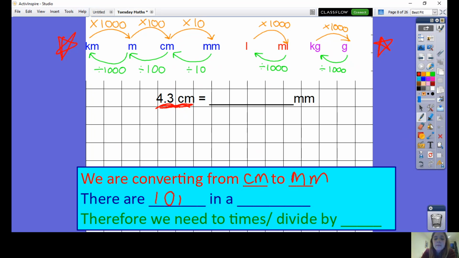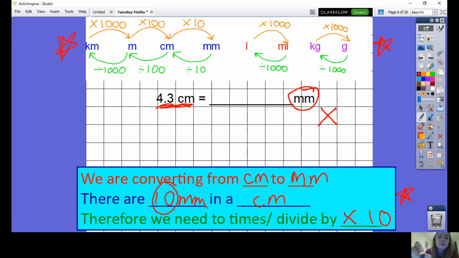There are 10 millimetres in a centimetre. Therefore, we need to, and now this is the hard bit, I need to decide if I'm timesing or dividing. I'm going to millimetres, which is the small unit of measurement. And remember, it's the opposite of what you think. Small means times. We're going to times by 10.